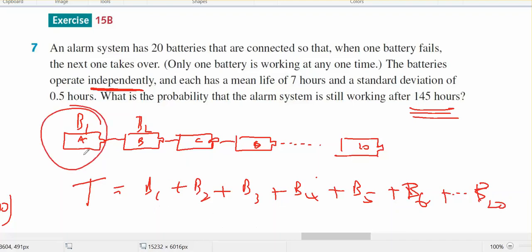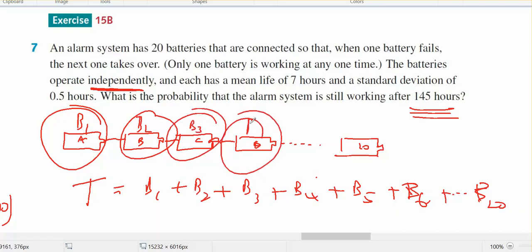Battery 1 works, and then when battery 1 fails and is dead, battery 2 kicks in. And then when battery 2 finishes, battery 3 kicks in. And when battery 3 finishes, battery 4 kicks in. These are all independent. Battery 2 doesn't start working until battery 1 is dead. Battery 2 won't affect battery 1.